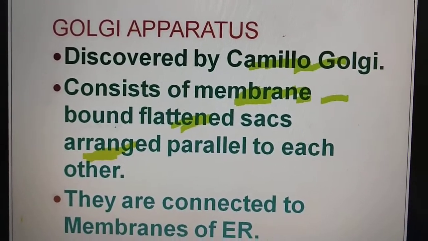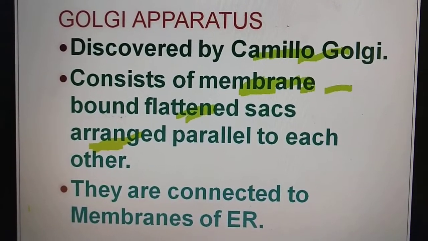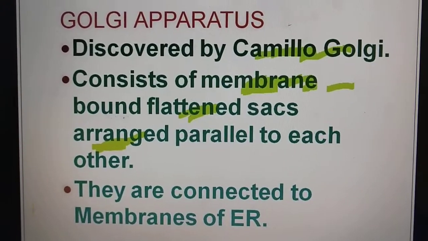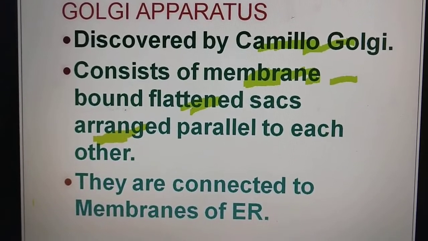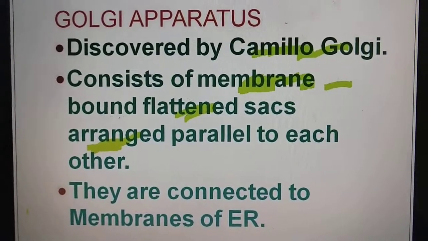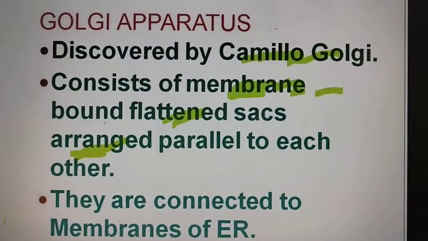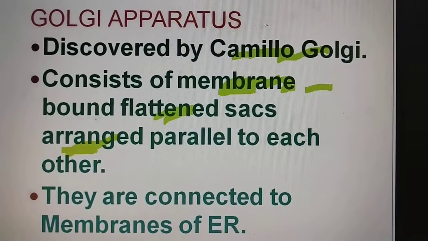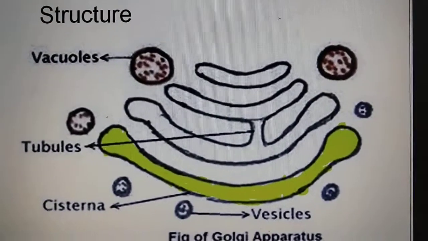Next is the Golgi apparatus. The Golgi apparatus was discovered by Camillo Golgi and it consists of membrane-bound flattened sacs, flat sacs that are arranged parallel to each other and connected to the membranes of the ER. What is ER? Endoplasmic reticulum.